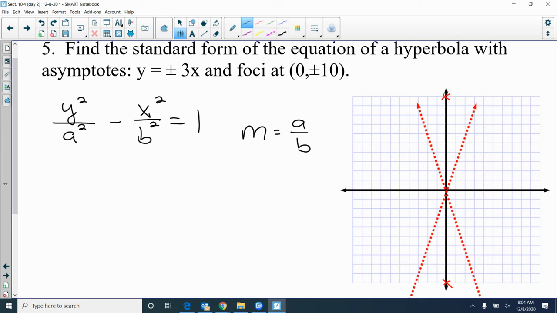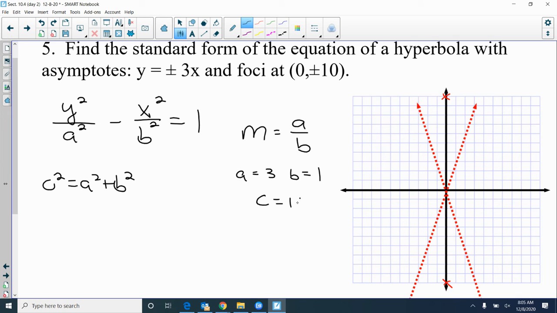Right here, and don't write this down, your first inclination is to say A is 3, B is 1, correct? Well, C squared is equal to A squared plus B squared, right? What is C in this case? We're on the 10, right? C is 10.